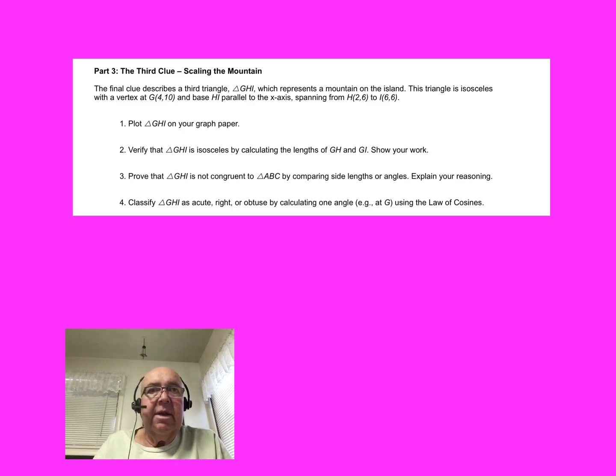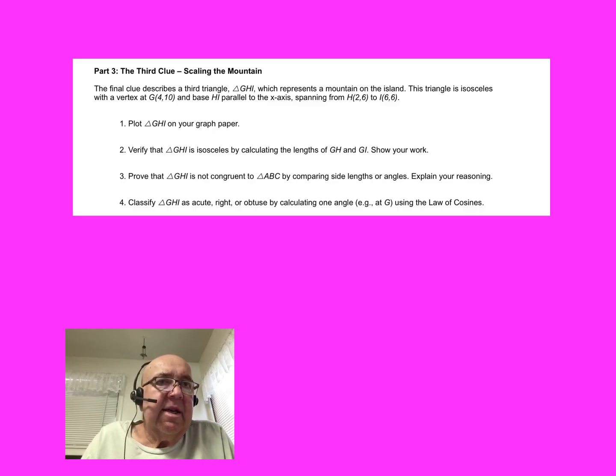You're finally going to plot a third triangle that's not going to be connected to the first two. It's called the mountain triangle. You're given new coordinates. You need to again verify that it is isosceles by calculating the lengths of the two sides that aren't horizontal.